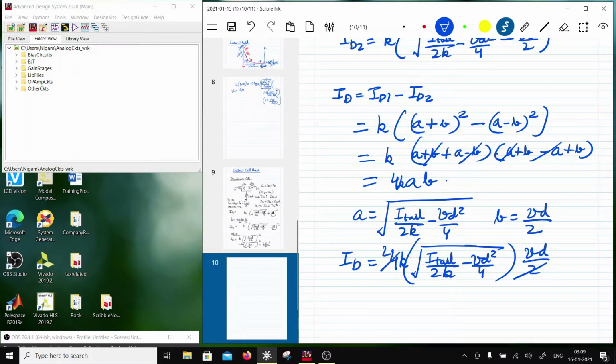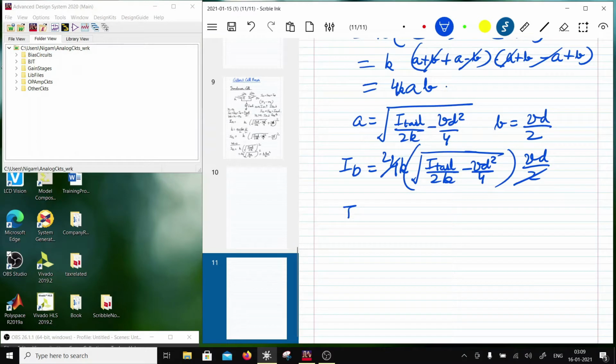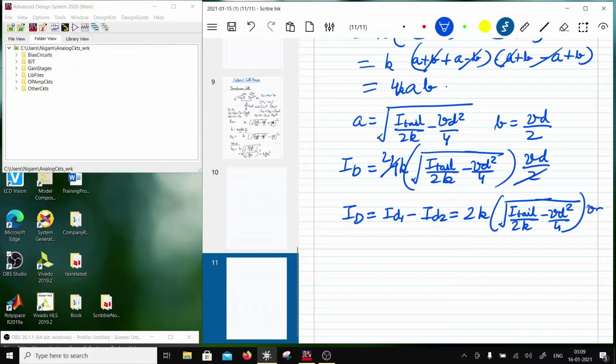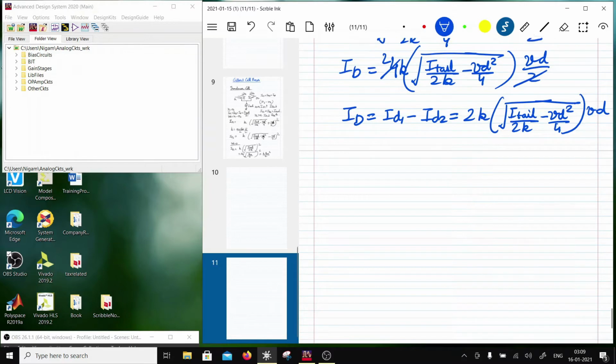So that will leave 2 here. The differential current Id equal to Id1 minus Id2 will be equal to twice of k times of root of I tail by twice of k minus Vd square by 4 times of Vd. Okay, so this is the situation.